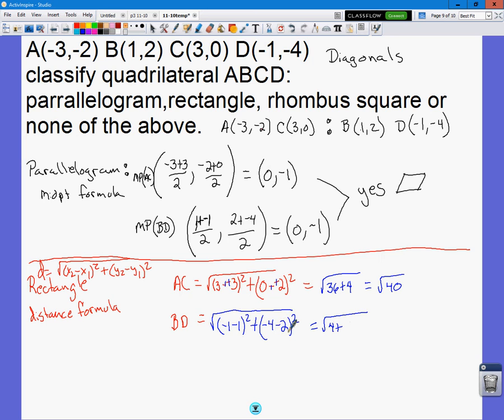Negative 4 minus 2 more would be a negative 6, but what's a negative 6 squared? 36. And I can see that this came up to the square root of 40. So yes, it is a rectangle.